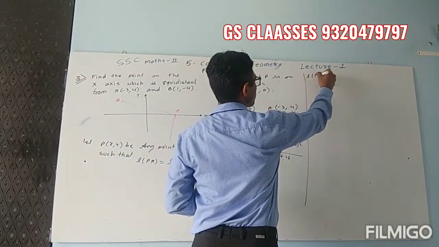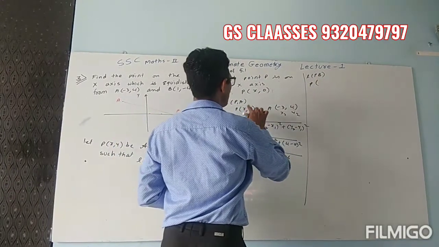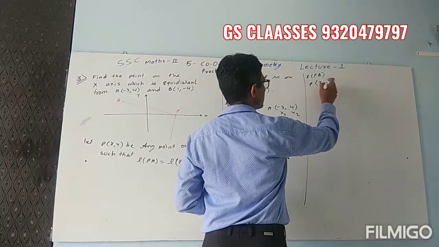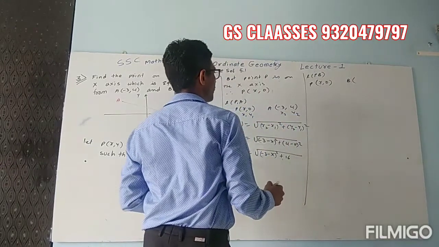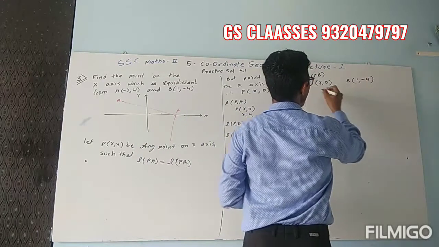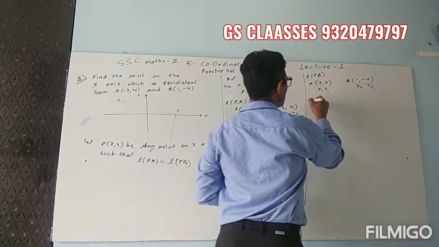We will move to the next, that is length of PB. P value is x and 0. B value is 1 and minus 4. This is x1, y1. This is x2, y2.